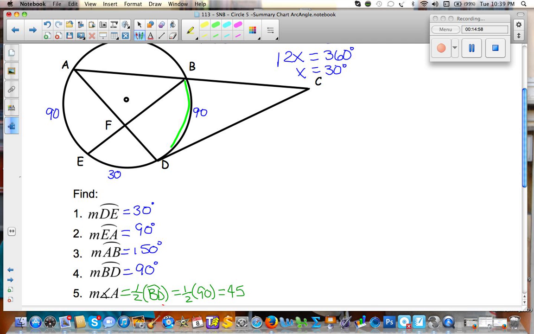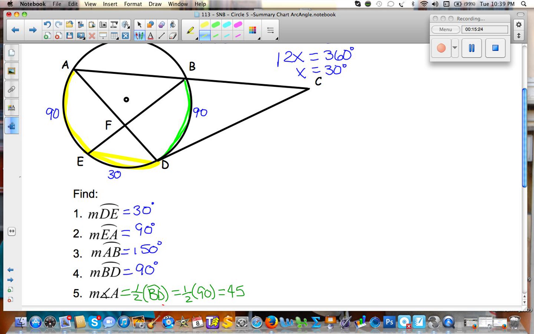And the other intercepted arc that we need to use is this arc. And in order to get the whole arc here, arc AED, we're going to have to apply the arc addition postulate. So if you get the total arc of AED, we're actually adding 90 plus 30.